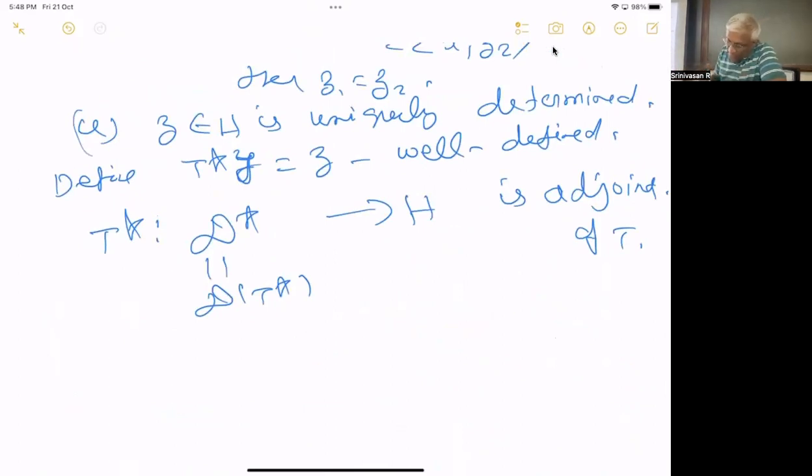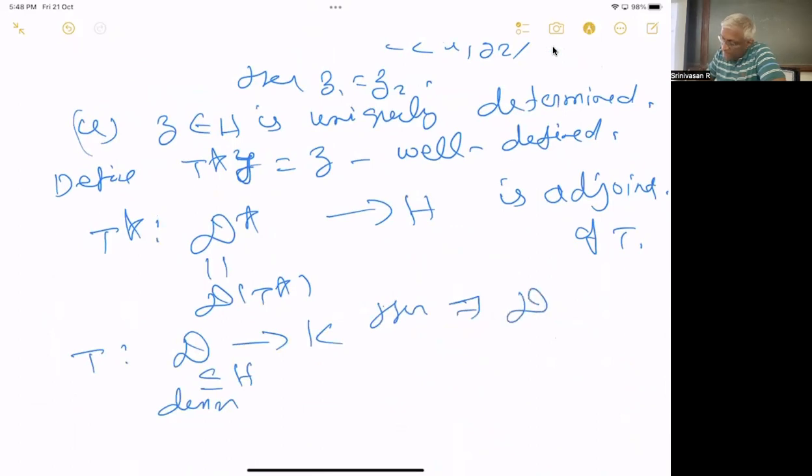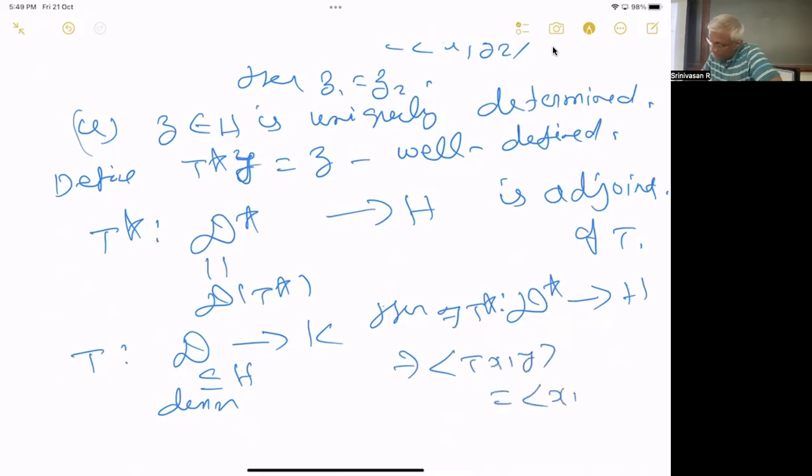That is okay. So let me repeat it. T is from D to K. D is dense, contained in H, sorry, it's the other way. Then there exists a T star from D star to H such that Tx, y equals, that is how it is defined, T star.